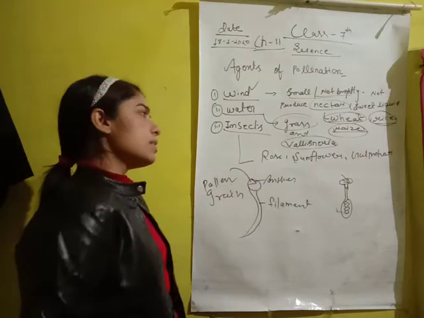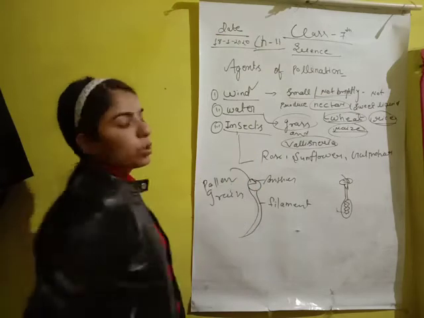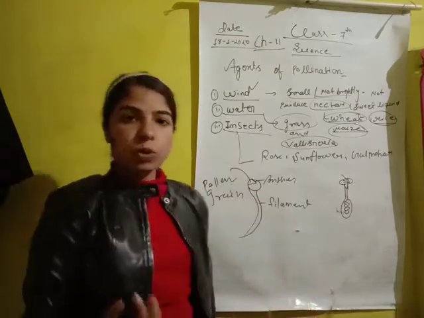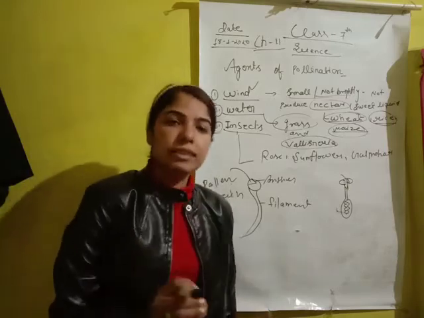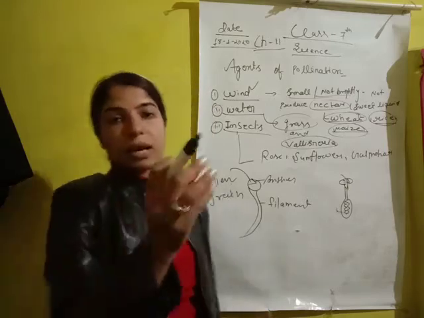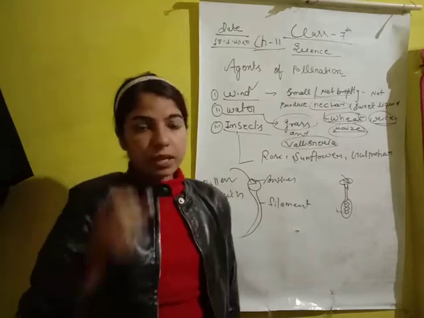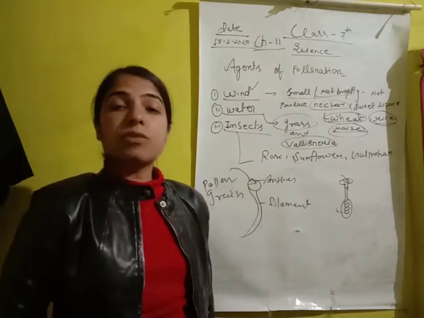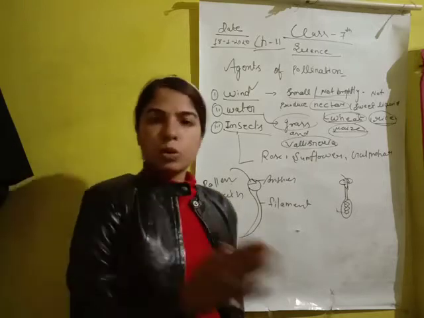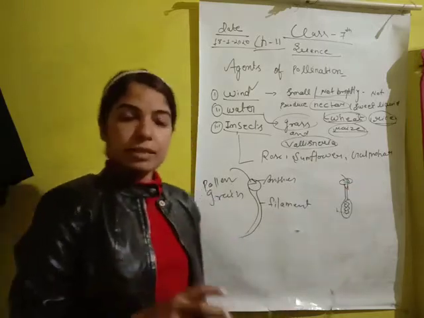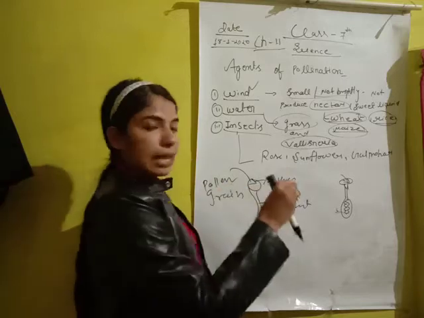So what about insects? Generally, you know the flowering plants produce nectar. And now the question arises, what is nectar? Students, nectar is a sweet liquid secreted by the flowering plants. Some insects are attracted to get this nectar, so they go to the flowering plants and sit and take the nectar.